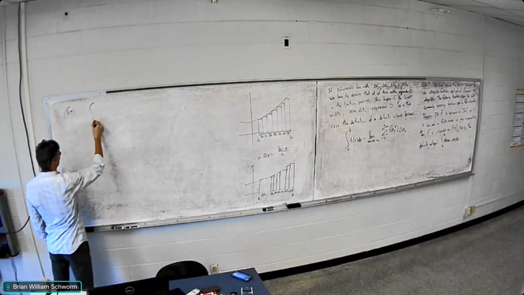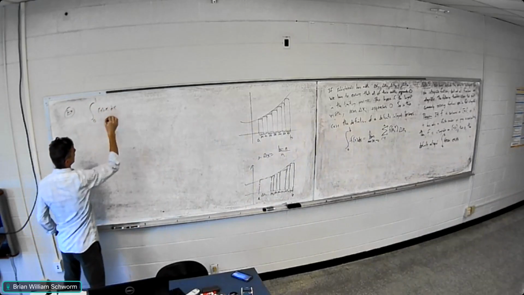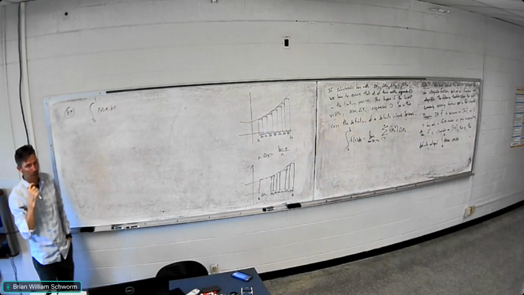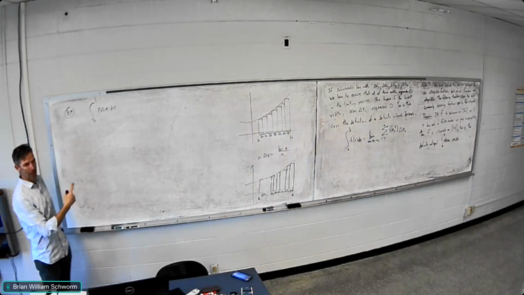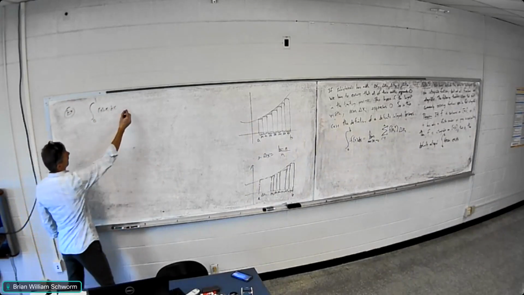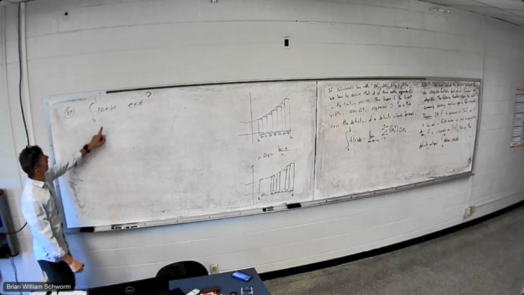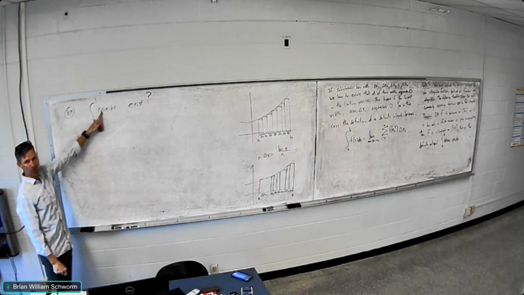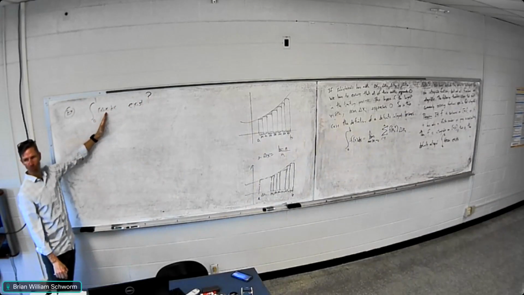So with this, would that exist? Of course, we haven't talked about how to actually do it yet with that definition, but we can answer the question, does that exist? I've got the integral from 0 to 1 of cosine. So does it fall into that category where it's continuous or just has a finite number of jump discontinuities?